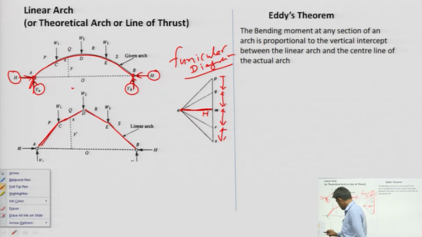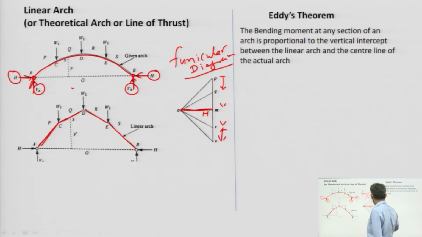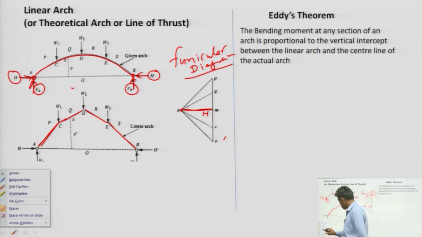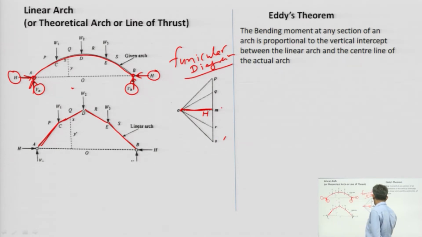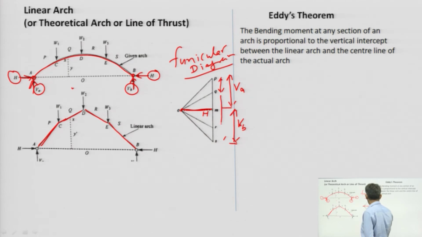This is VA, and this is VB. This one will represent the load of W1, W2 and W3.